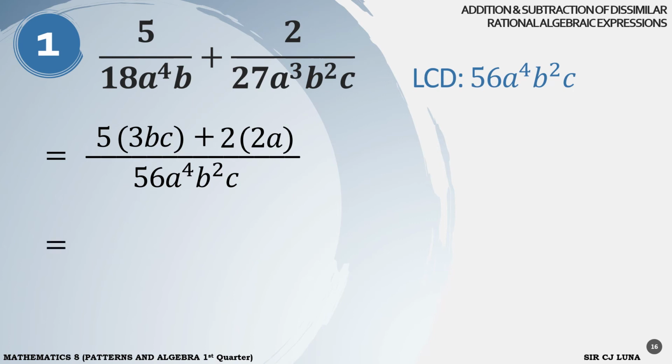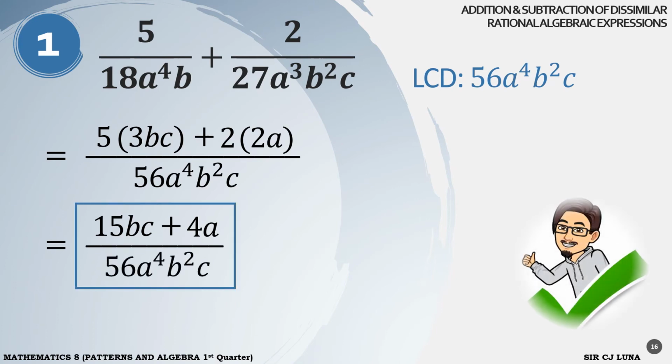Next is simplify the numerator. 5 times 3bc, that is equal to 15bc. 2 times 2a is 4a. All over our LCD, 54 a raised to 4b squared c. And that is now our answer. Yun na yun. Okay?